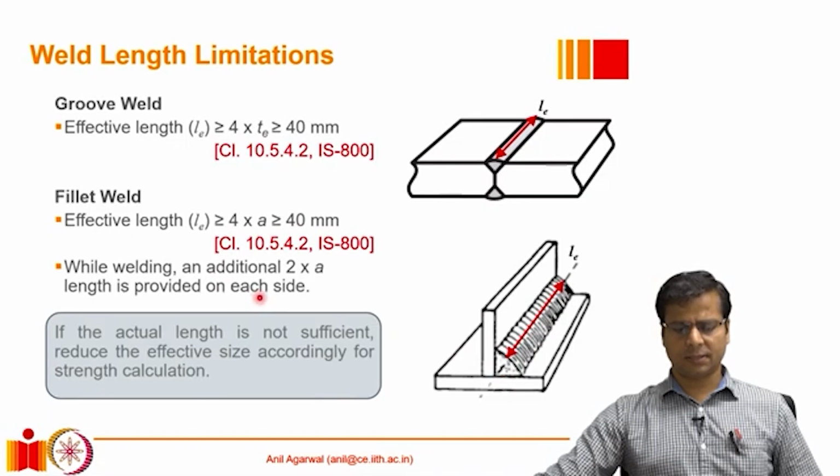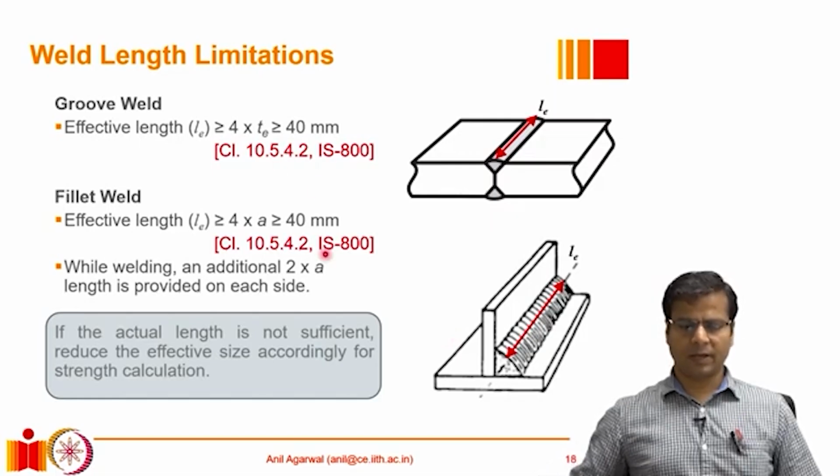In both these cases, however, there may be a situation where the weld of length less than 4 times the weld size is provided. If that is the case, for design calculations, we should consider that length as the effective length, whatever is provided, and reduce the size of the weld in such a way that the size of the weld is 1/4 of the length of the weld.